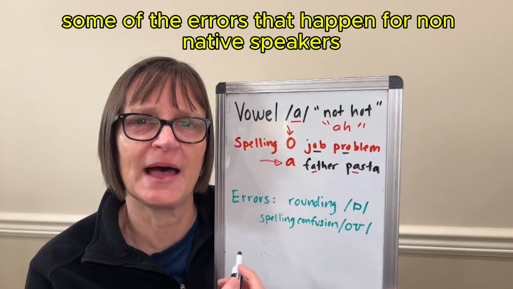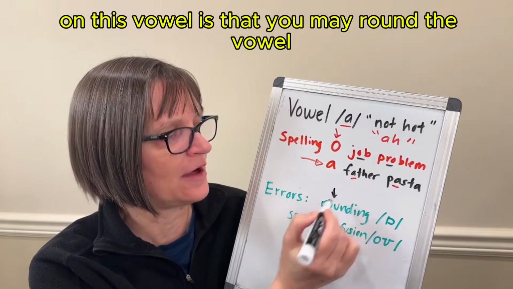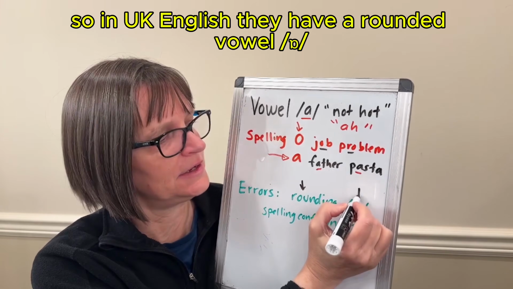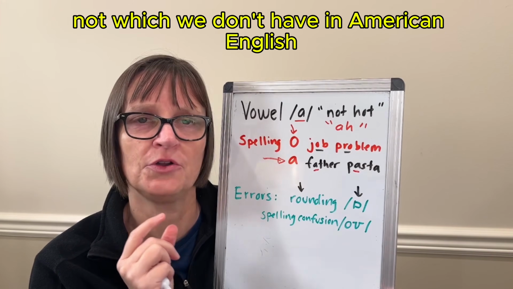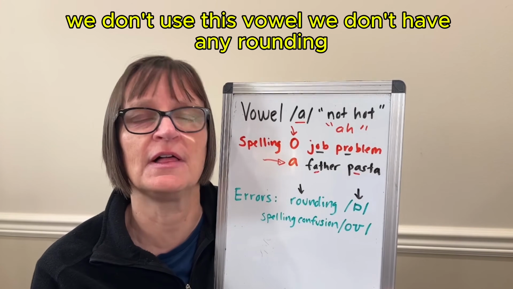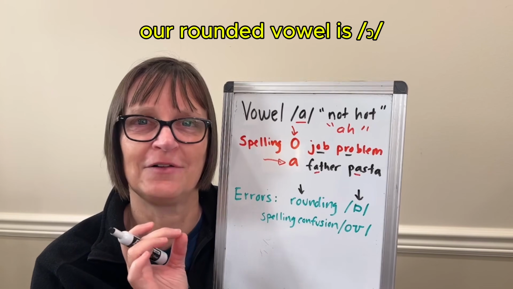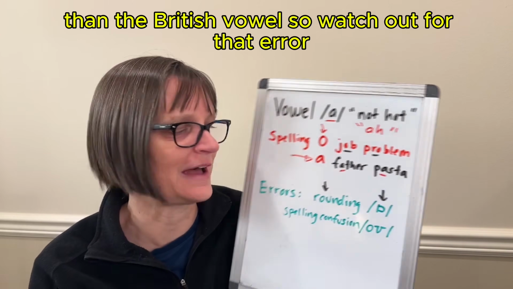Some of the errors that happen for non-native speakers on this vowel is that you may round the vowel. So in UK English, they have a rounded vowel, which we don't have in American English. We don't use this vowel. We don't have any rounding. Our rounded vowel is a little bit more closed and forward than the British vowel.